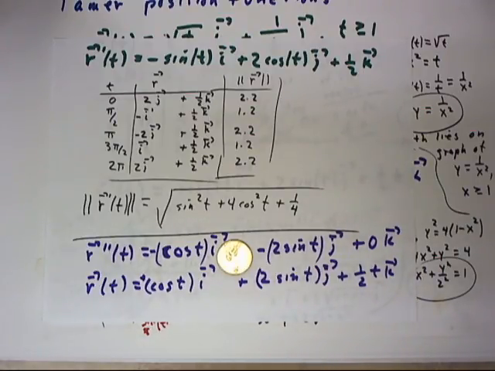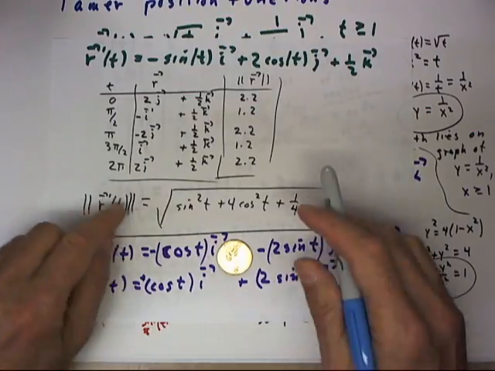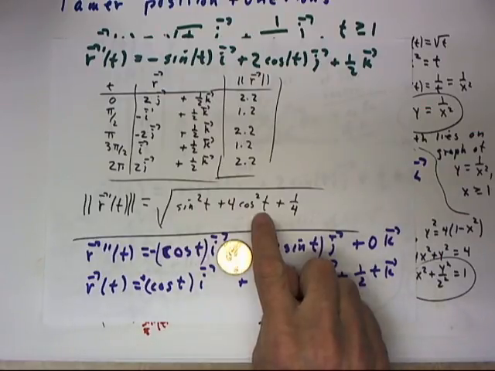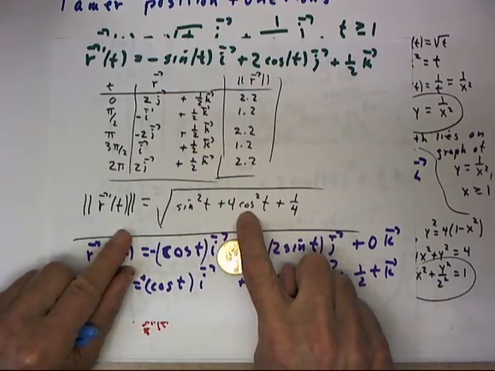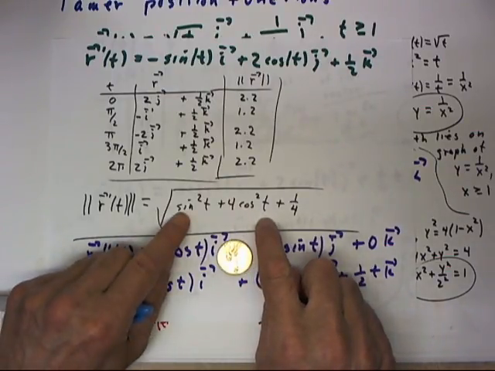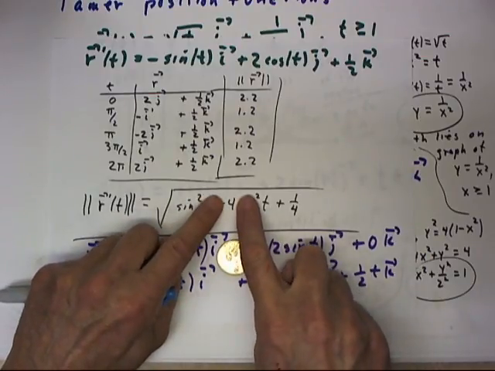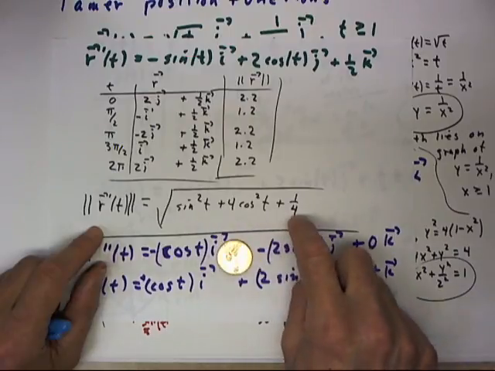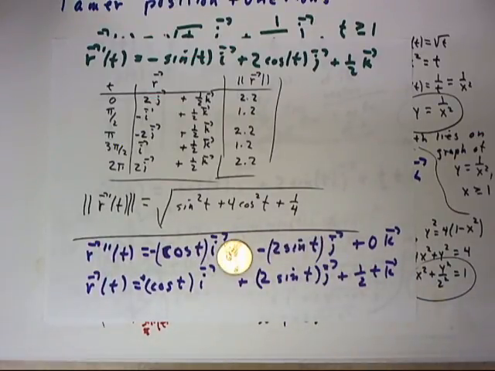It would be more or less tricky to interpret that derivative, but let's just look at the r prime of t function for a minute. When t is 0, then the cosine is 1 and the sine is 0, so that we have a 4 here. So the r prime would be the square root of 4 1/4.